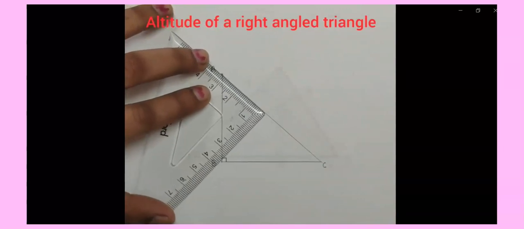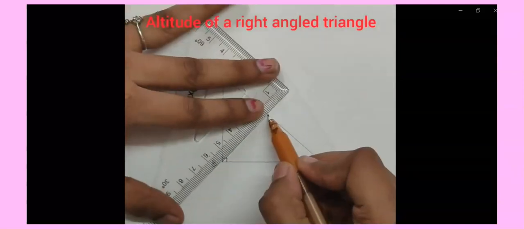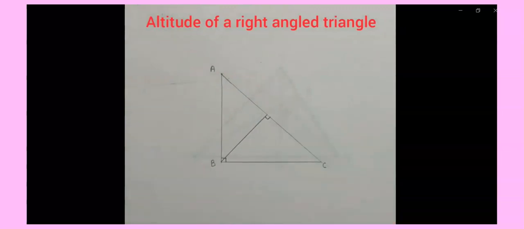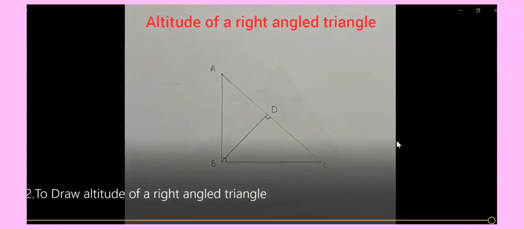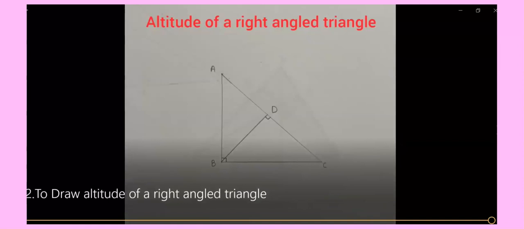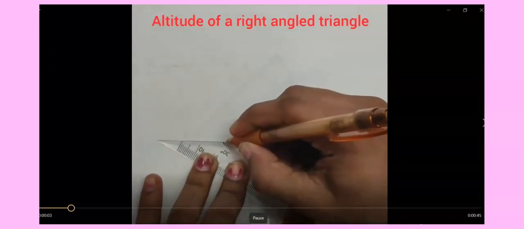Next, draw the perpendicular from the vertex B on the side AC, that is the hypotenuse. And it is very interesting that this point lies on the hypotenuse of a right angle triangle. Now see this once again.